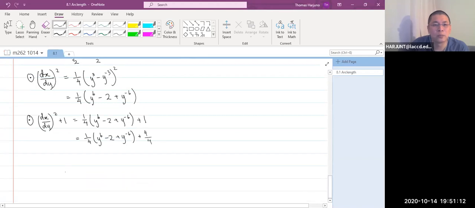Okay, that gives us, I factor the 1/4, I keep the 1/4 outside. Now inside, it becomes y to the 6 plus 2 plus y to the negative 6, which is 1/4 of y cubed plus y to the negative 3 squared.